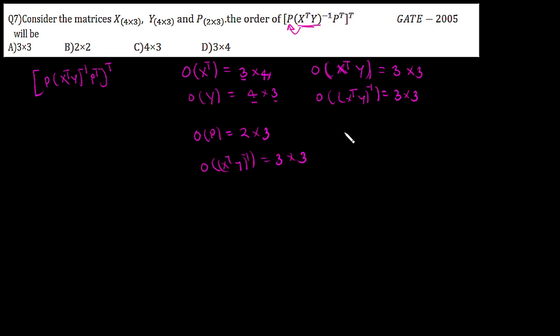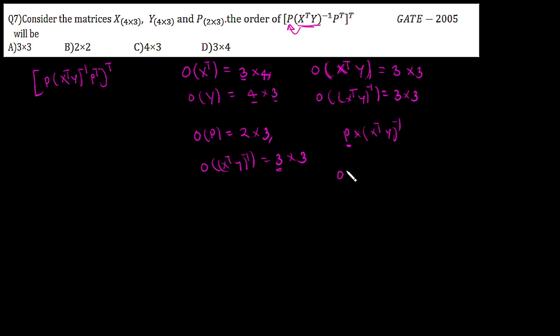So now I have to find the multiplication of P multiplied with X transpose Y to the inverse. Again you can see the number of columns in matrix P is exactly the same as the number of rows in this matrix. So again the multiplication is defined.